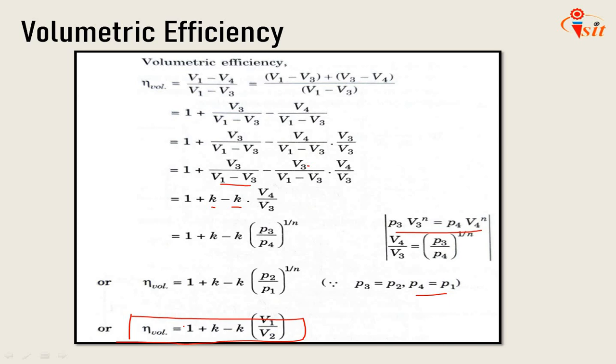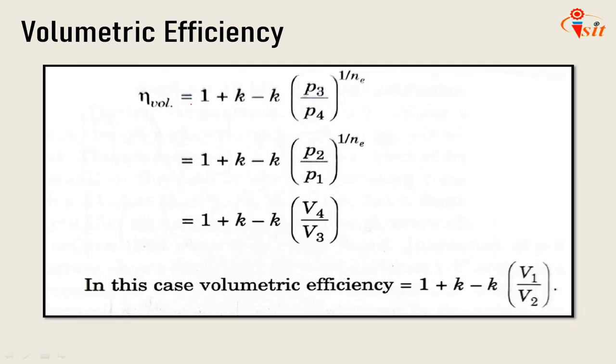Thus, if the index of compression is nc and the index of expansion is ne, then the volumetric efficiency can be rewritten as 1 plus k minus k, P3 by P4 raised to 1 by ne. Simplifying, P3 by P4 is nothing but P2 by P1, and P2 by P1 raised to 1 by n is nothing but V4 by V3. So in this case, the volumetric efficiency becomes 1 plus k minus k, V1 by V2.